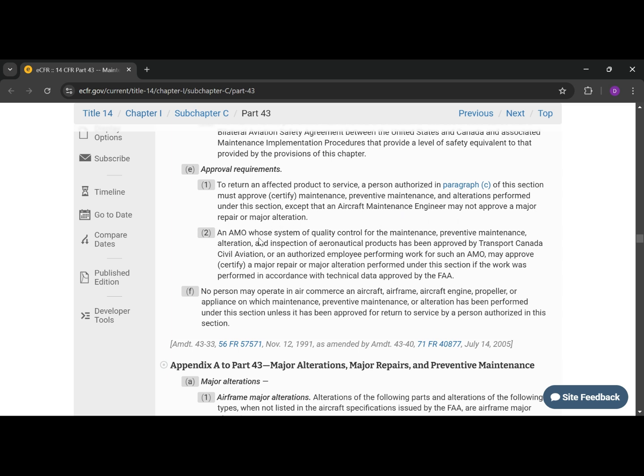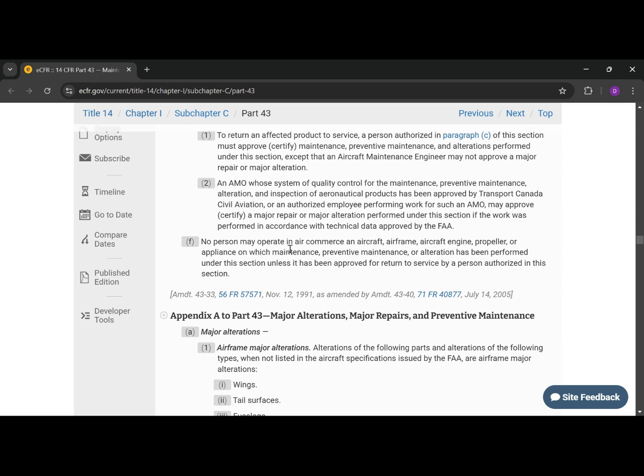An AMO whose system of quality control of the maintenance, preventive maintenance, alteration, and inspection of aeronautical products has been approved by Transport Canada Civil Aviation, or an authorized employee performing work for such an AMO, may approve or certify a major repair or major alteration performed under this section if the work was performed in accordance with technical data approved by the FAA.